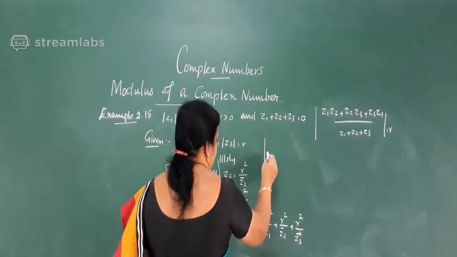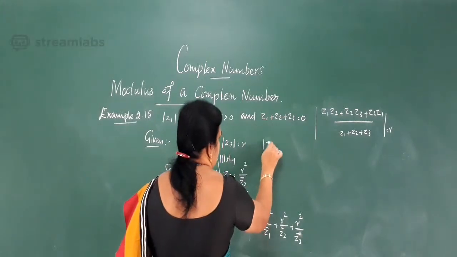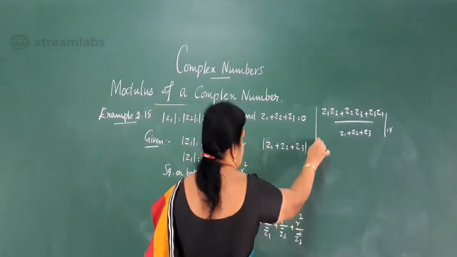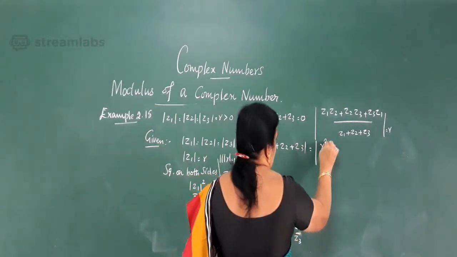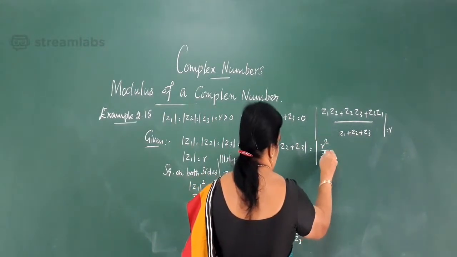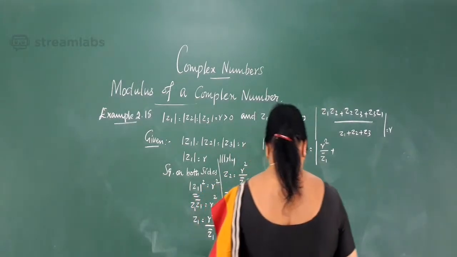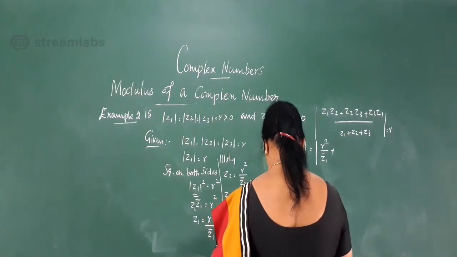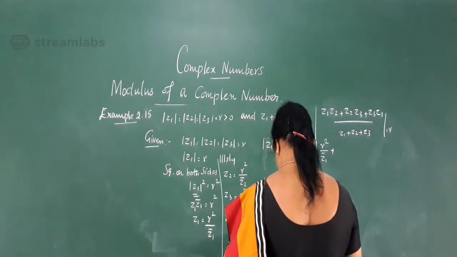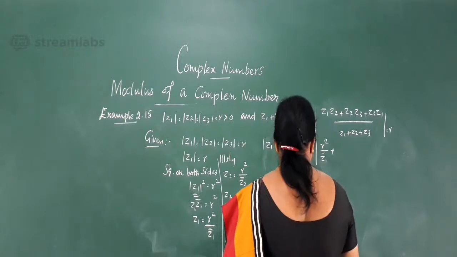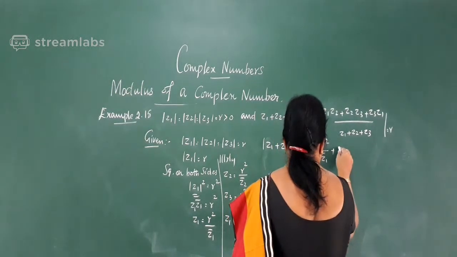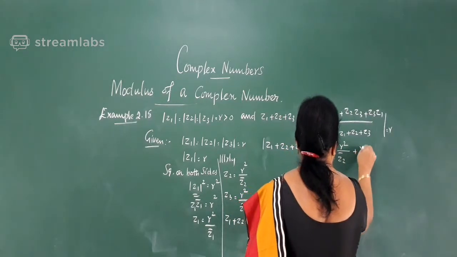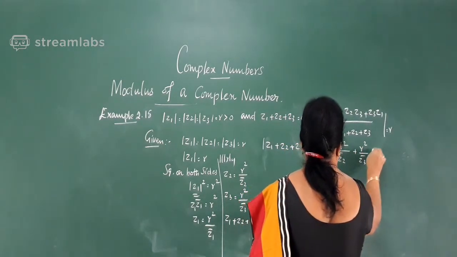Now I am going to find the modulus on both sides of R squared by z1 bar plus R squared by z2 bar plus R squared by z3 bar.